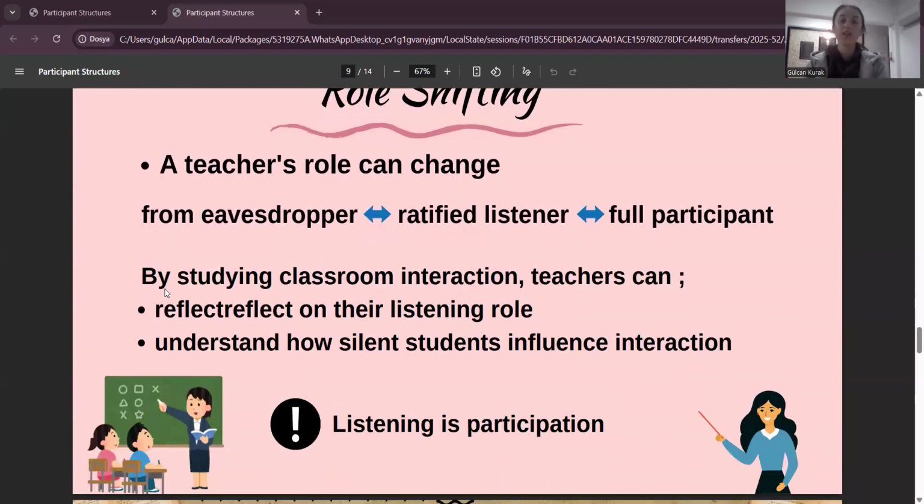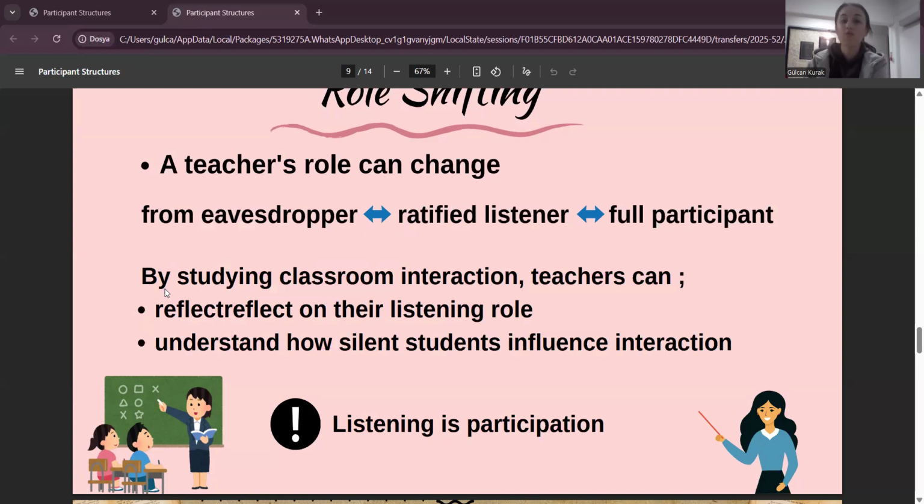A teacher can have different roles in the classroom, and this role can change from eavesdropper to ratified listener, or they can be a full participant in the classroom interaction. By studying classroom interaction, teachers can reflect on their listening role and understand how silent students influence the interaction.